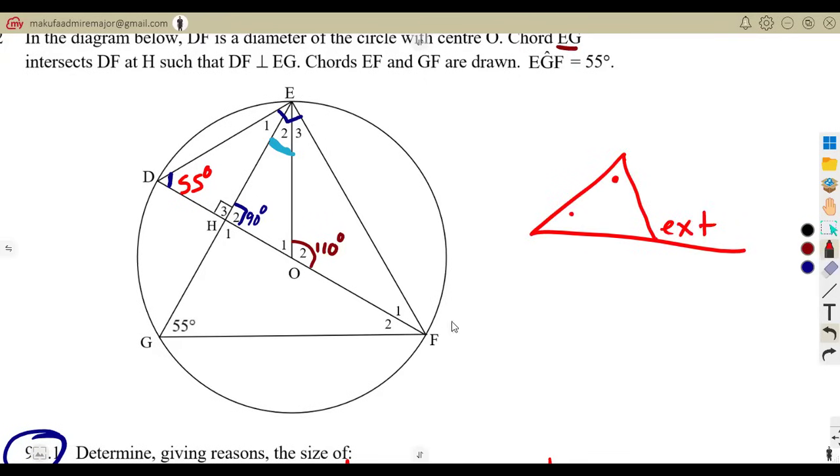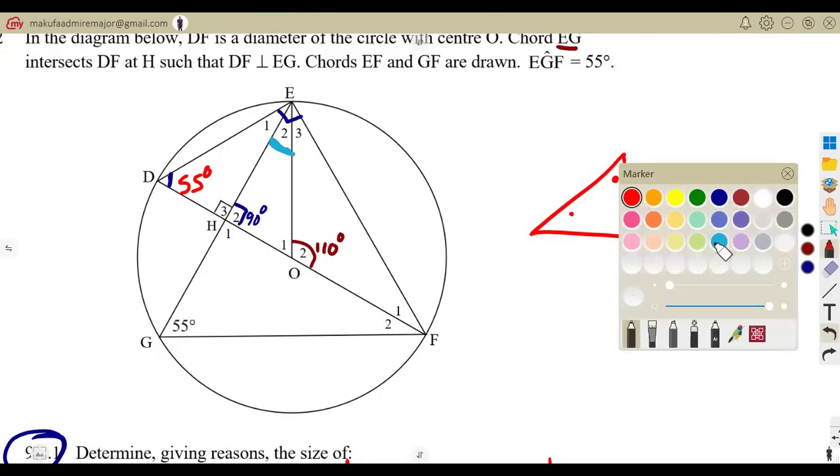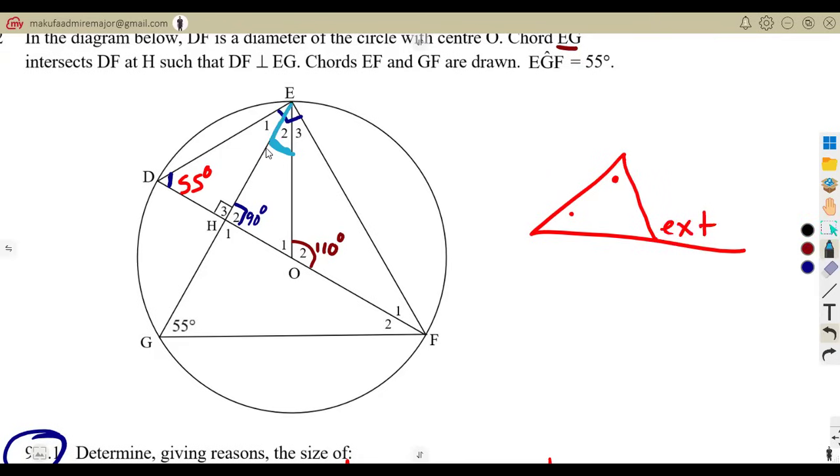The sum of the opposite interior angles. So if we consider this theorem, it works here properly, extending this line from E to H like this. We can see that in this triangle that I'm presenting, 110 is the exterior angle. This is where we have 110 here.